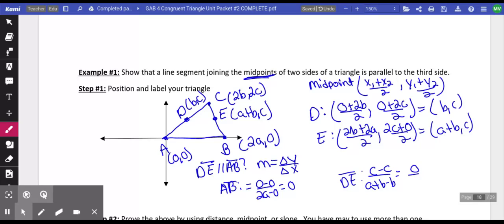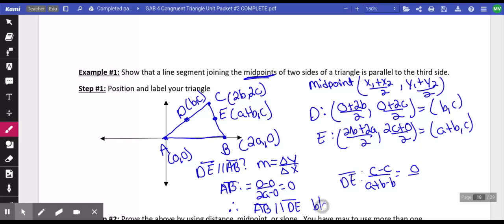Okay, so I found the slope of AB by doing 0 minus 0 over 2a minus 0, which gave me 0 over 2a, and 0 over 2a really is just 0. For DE, I did C minus C over A plus B minus B, which gave me 0 over A, which is really just 0. So the slopes are 0, which means AB is parallel to DE because they have the same slope. And that is true for any triangle.